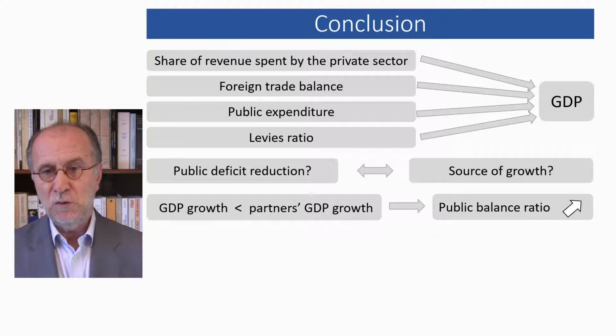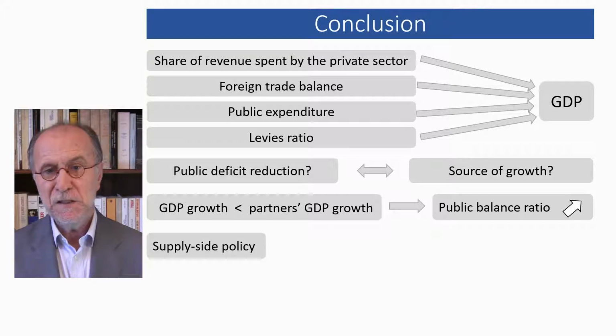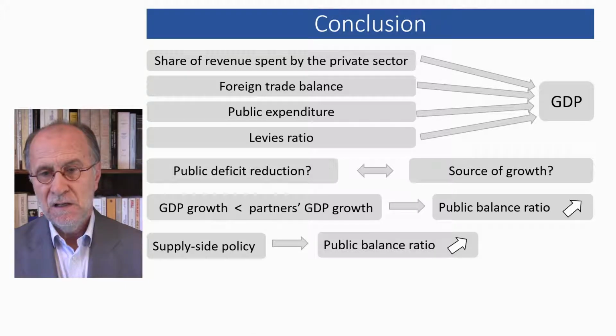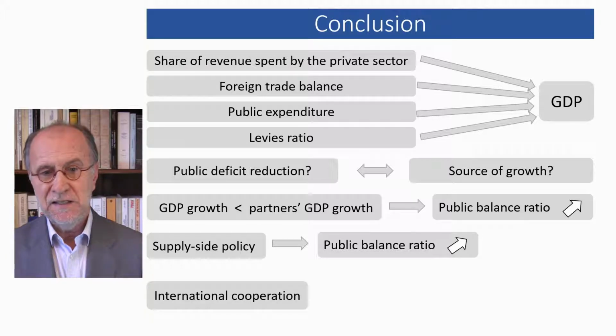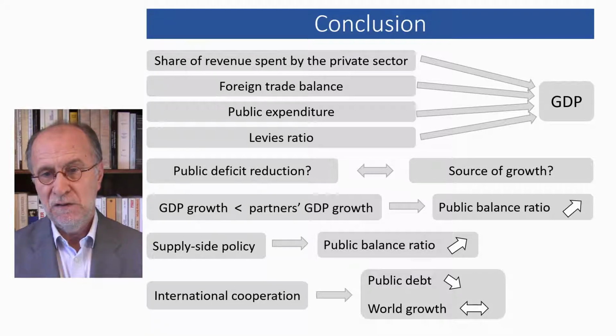The fourth conclusion is that to reduce a fiscal deficit without harming growth too much, a supply-side policy must be pursued to improve external competitiveness. The final conclusion is that international cooperation is needed to reduce excessive public debts without putting too much downward pressure on world growth.